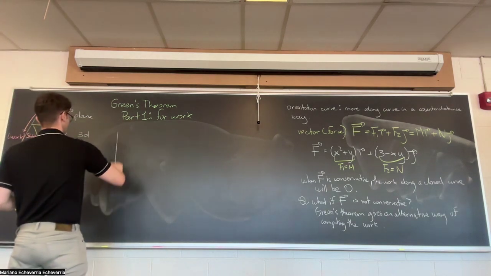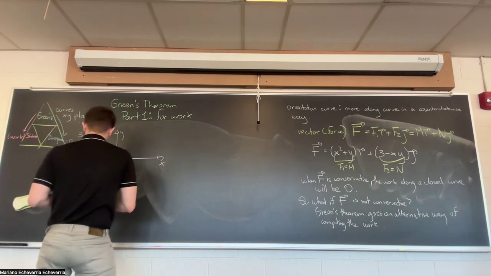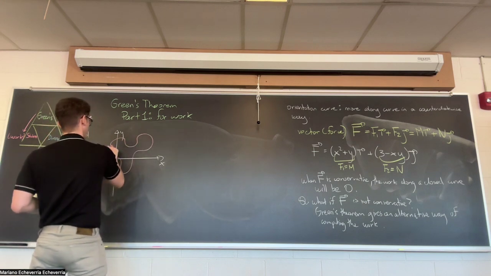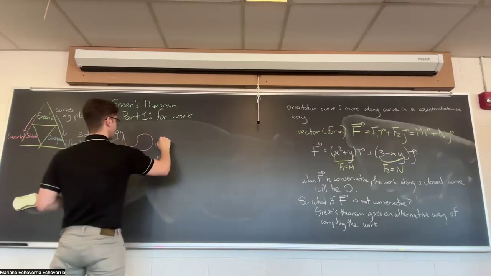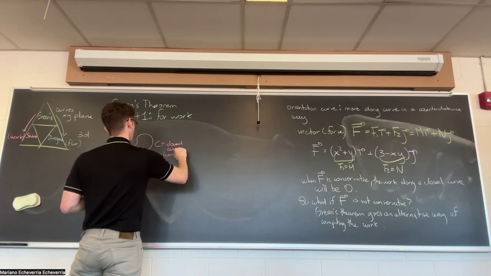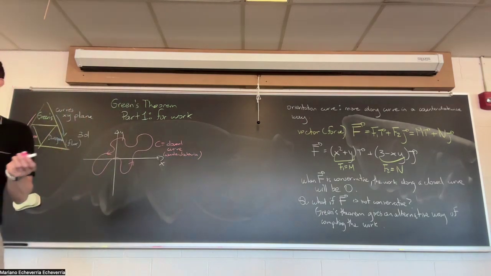So here's Green's theorem. You have a closed curve. Let me draw a closed curve. And again, you're moving counterclockwise along this curve. Why do I want a closed curve?